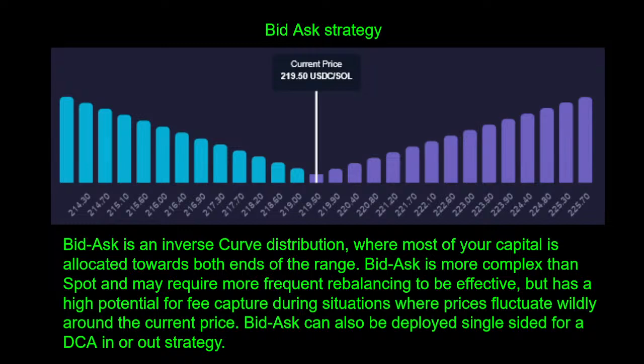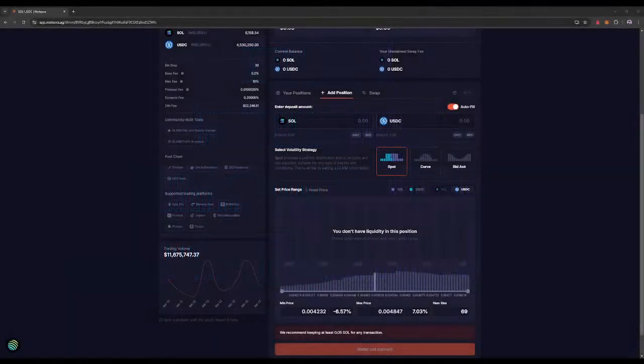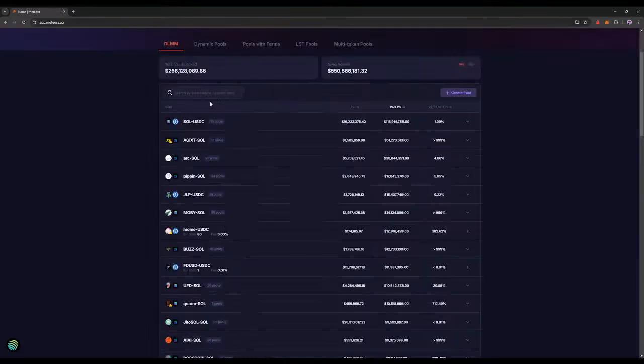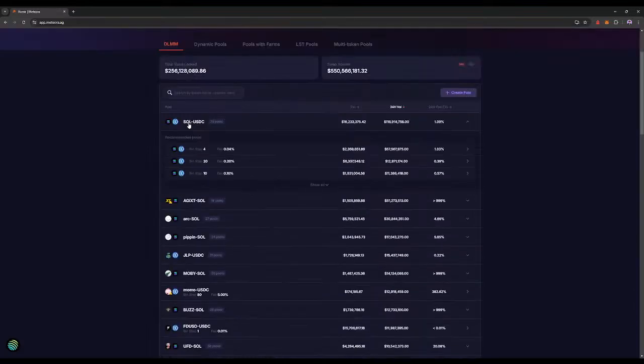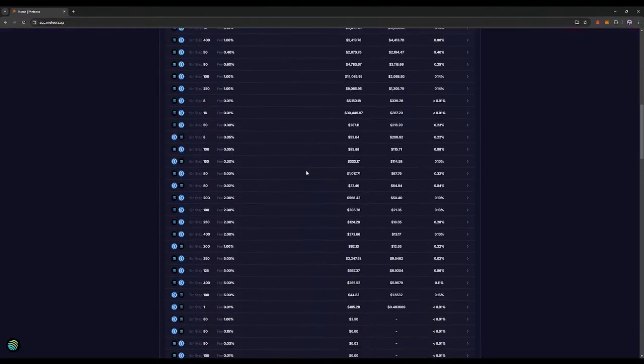Before we do get into all of that, I also wanted to illustrate to you another part of these Meteora pools that we look at. So whenever you're considering any token pair, you will notice that, for example, if we take the SOL-USDC pool, there are many pools that are available to us.